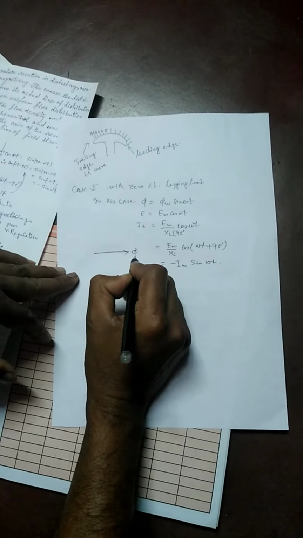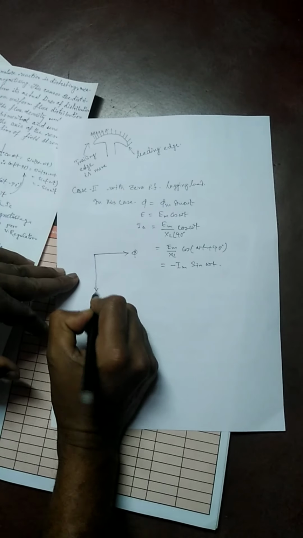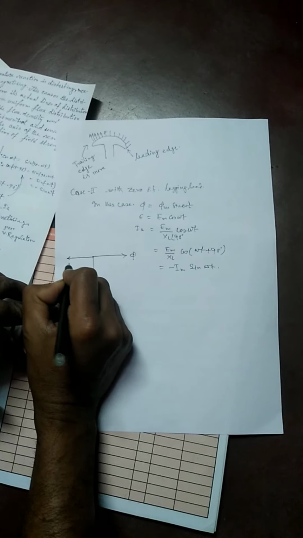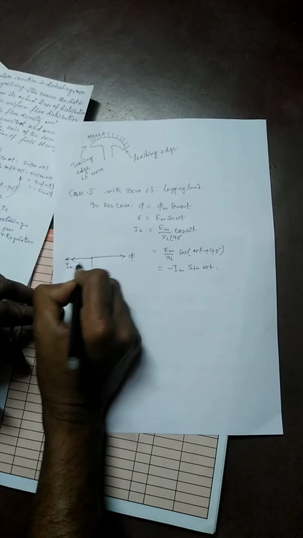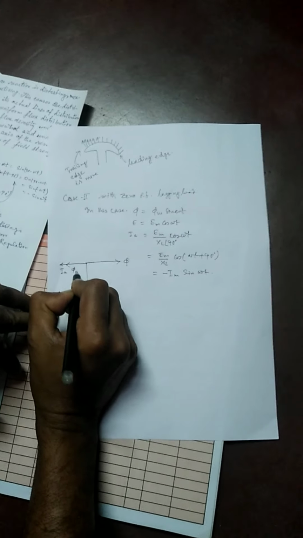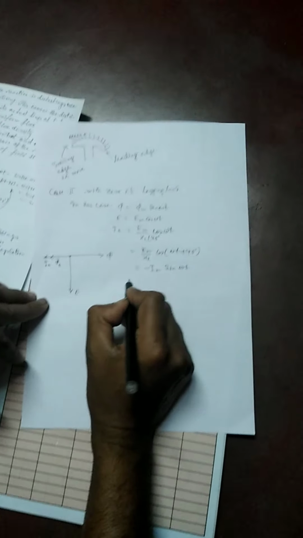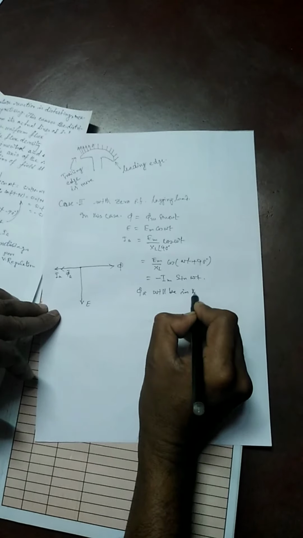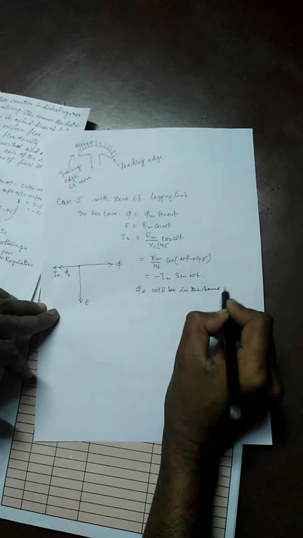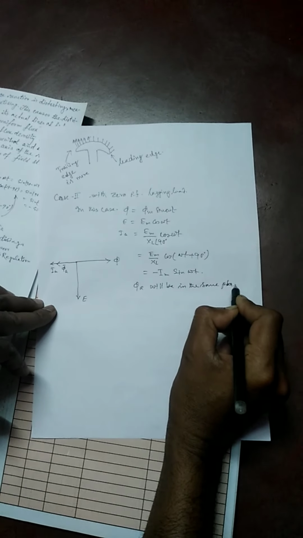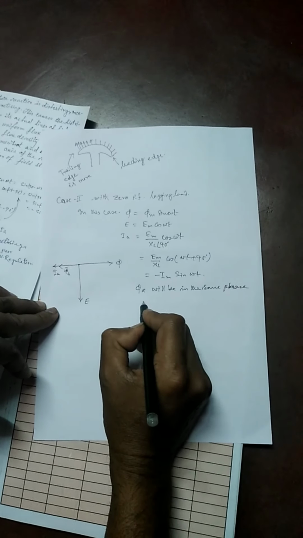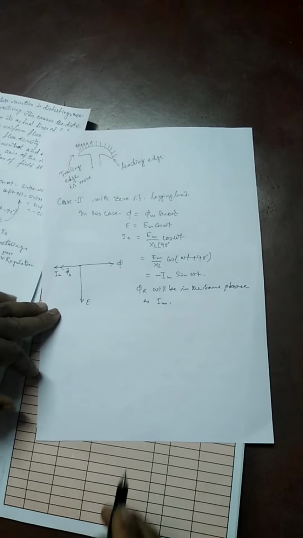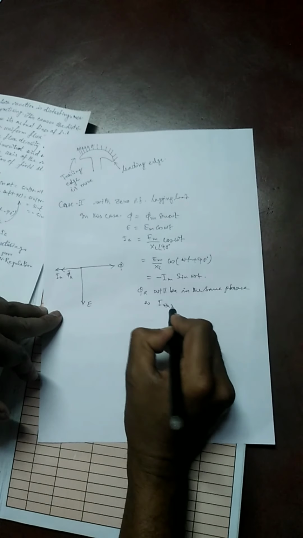This is the phi, this is the E, this is the Ia, and this is phi A. Phi A will be in the same phase as Ia.